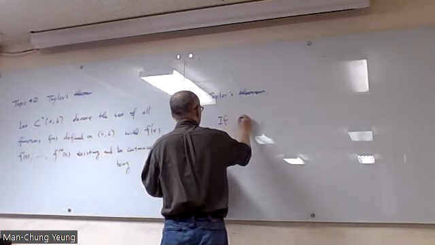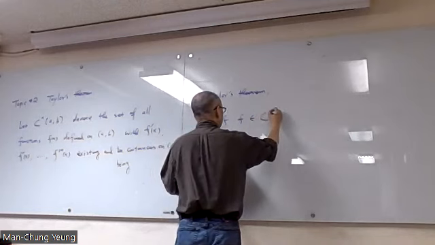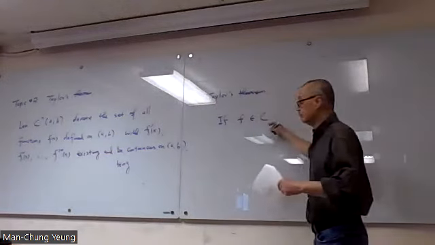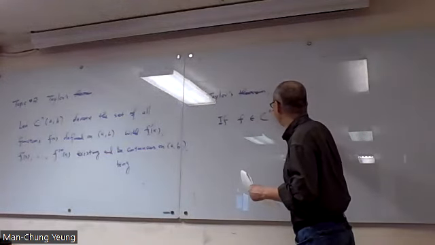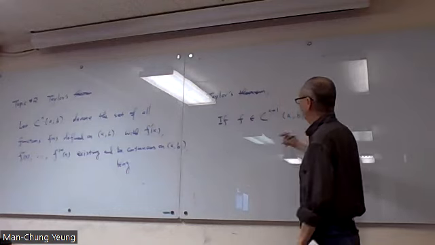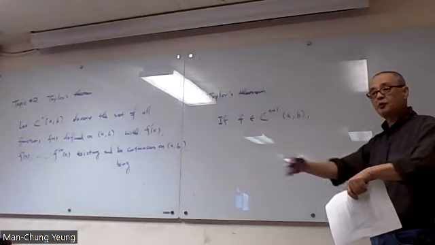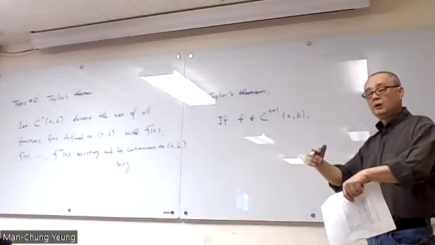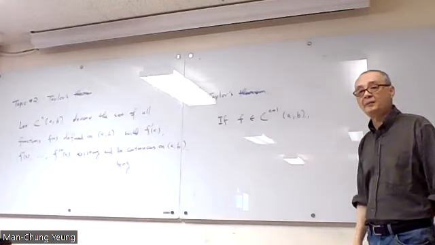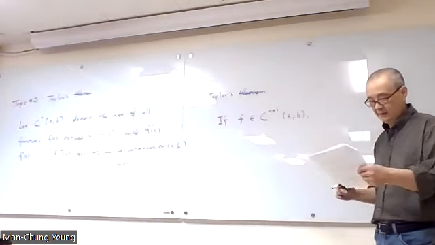If function f is from the set C^(n+1)(a, b), take derivative up to n plus 1 times, all the derivatives are continuous on (a, b).